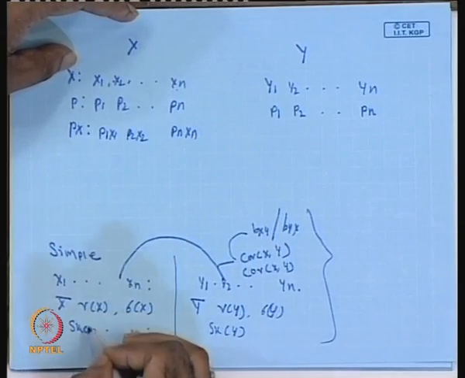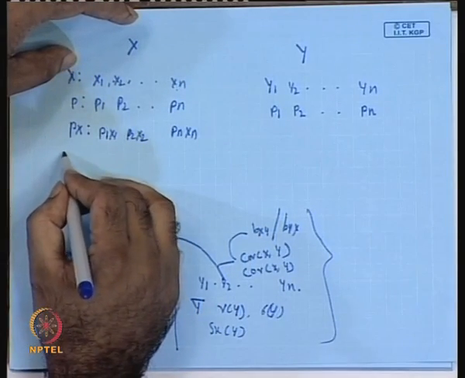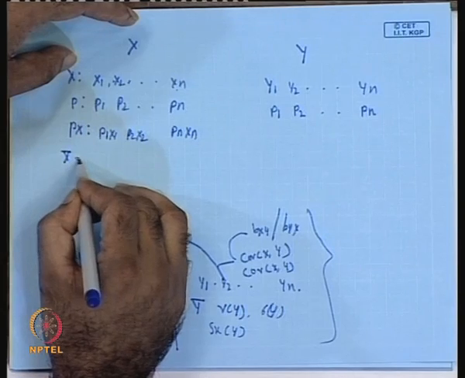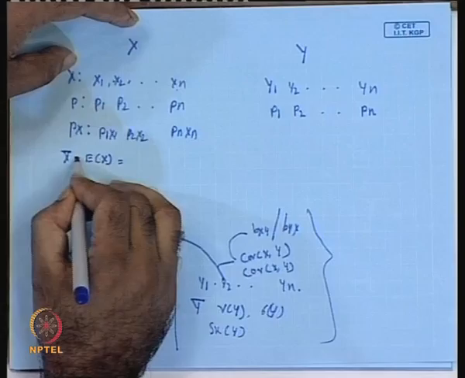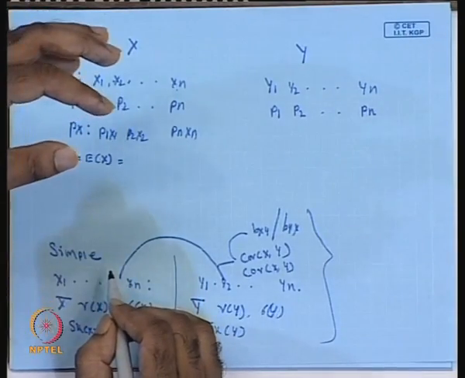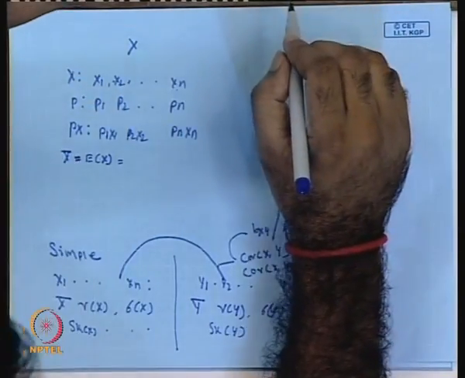So, like the sample mean here, we will also call x bar the expected value of x, because since it is a quantitative measurement of uncertainty, then obviously we are expecting something. Okay.